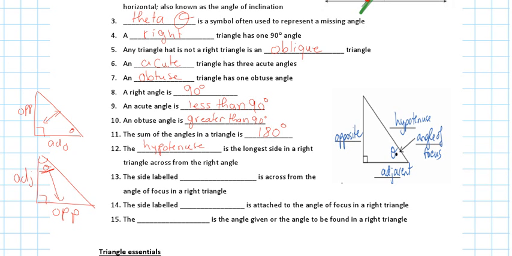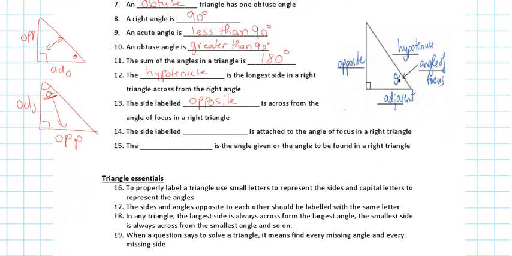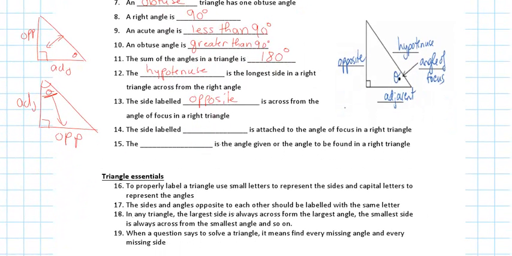So the side labeled opposite is across from the angle of focus in a right angle triangle, and the side labeled adjacent is attached to the angle of focus in a right triangle.